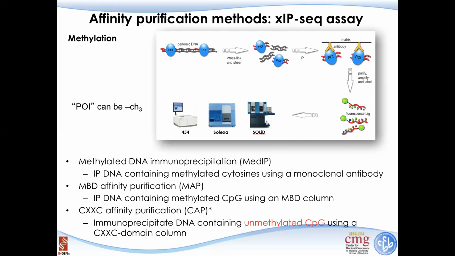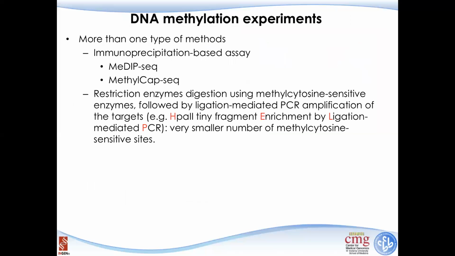And then the idea is pretty similar, and they just pick up those ones, or they may focus on some restricted region by using a particular enzyme digestion. For example, they use cytosine sensitive enzymes followed by something, and it's another technology.